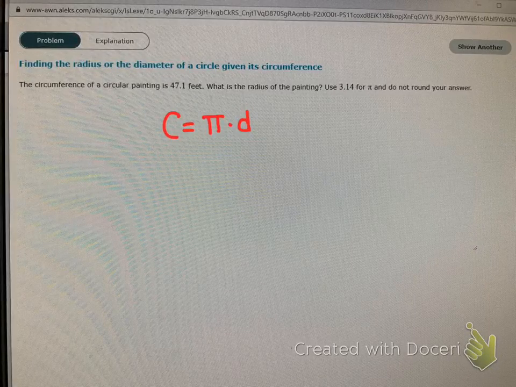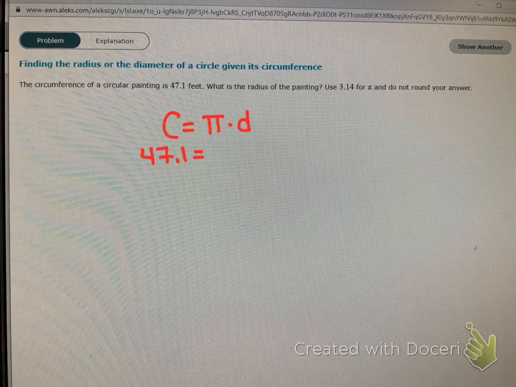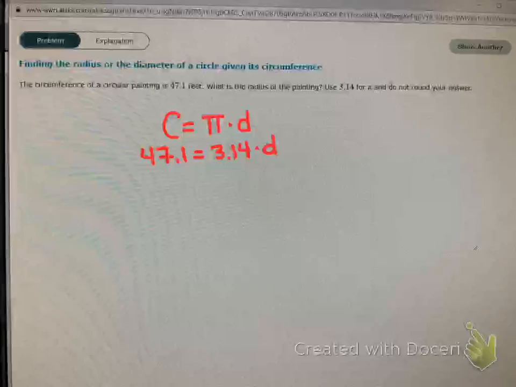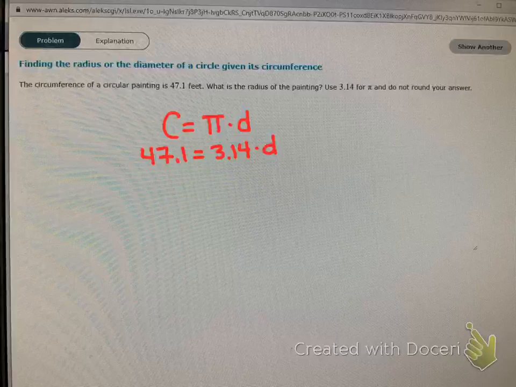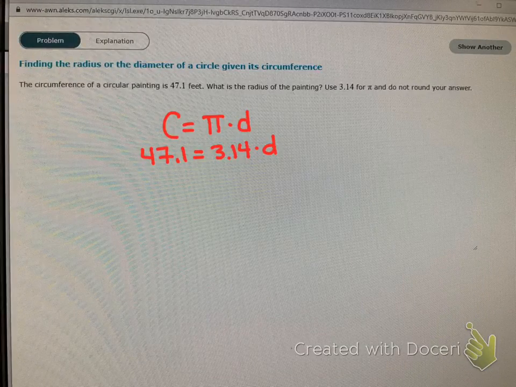So we're going to take the 47.1. It says that's the circumference. So we put it where the circumference is, 47.1. That equals 3.14 times the diameter. For us to find the diameter, we need to get rid of the 3.14. These are being multiplied, so to get rid of it, we're going to divide by the 3.14.